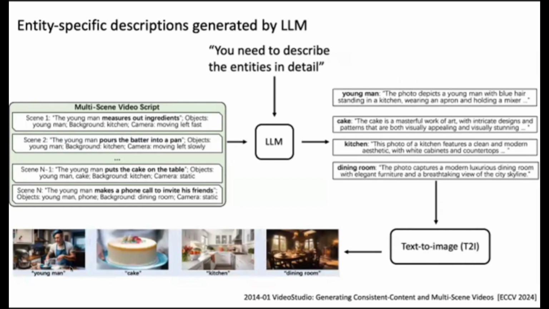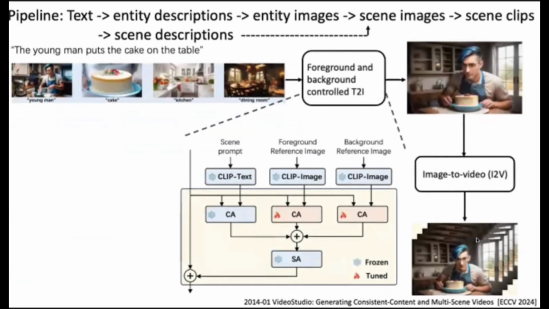And we need to make these entity images be consistent across different clips. So in order to achieve this, we can train a foreground and background condition text-to-image model to condition on the entity's appearance image, and then we can get the different scene image to represent the appearance of different video clips.